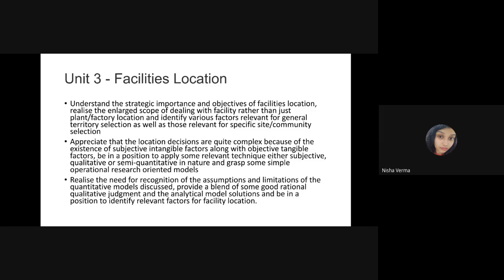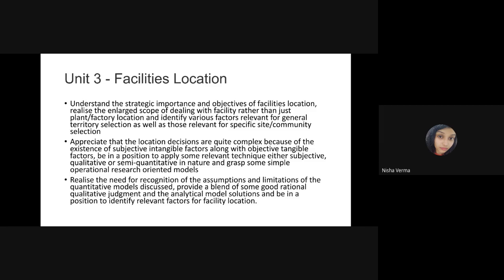Internal factors include the technology used, the capacity, the financial position, and the workforce required. And external factors include the economic, political, social conditions in the various, you can say, localities.